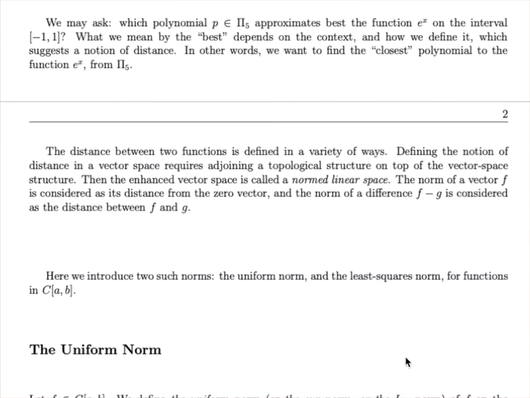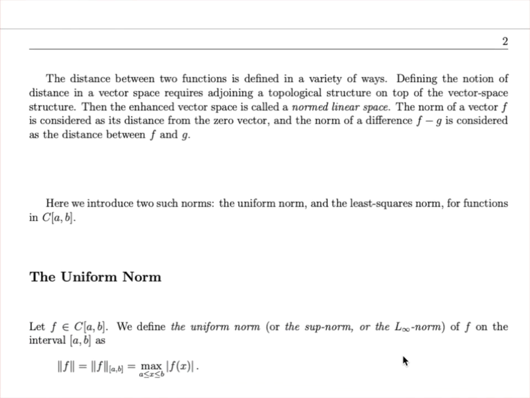The distance between two functions is defined in a variety of ways. Defining the notion of distance in a vector space requires adjoining a topological structure on top of the vector space structure. Then the enhanced vector space is called a normed linear space.